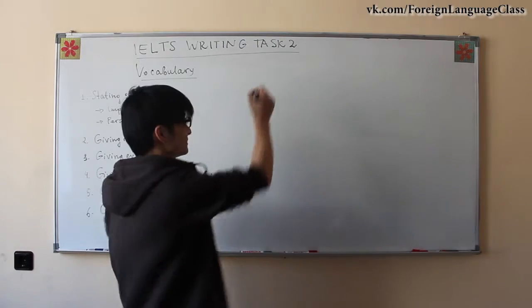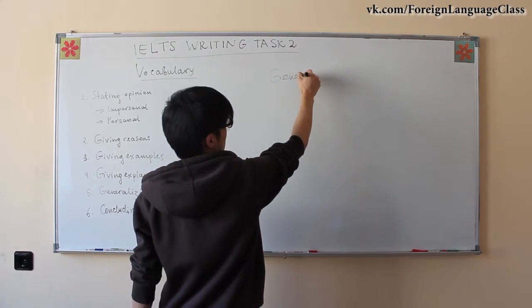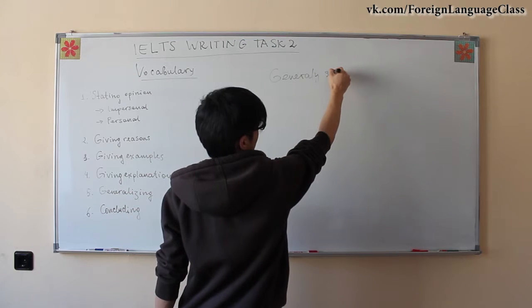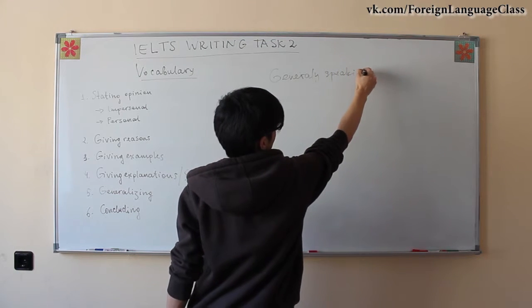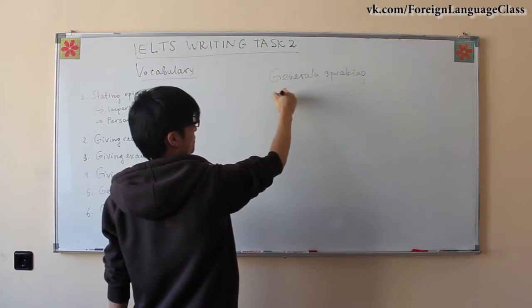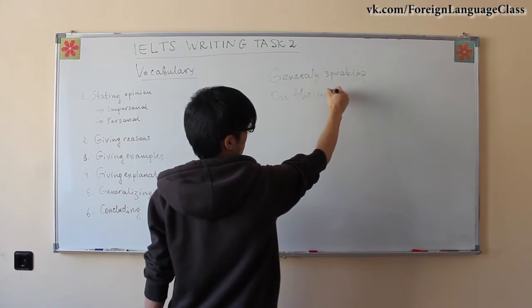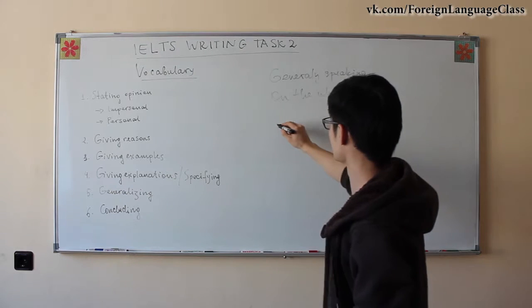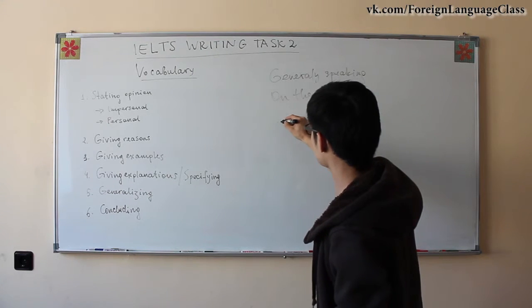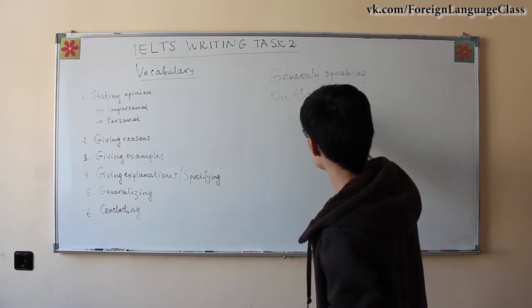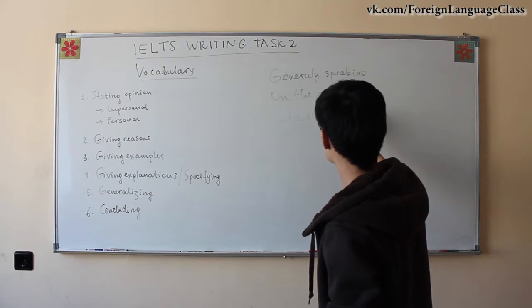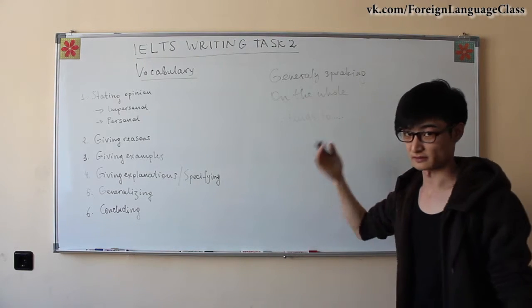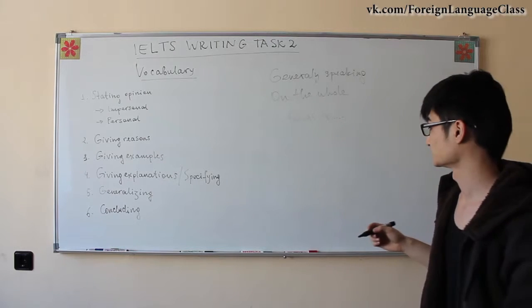Since we're generalizing, you may use "generally speaking," "on the whole," or you may use a phrase such as "something tends to be something, or to do something."